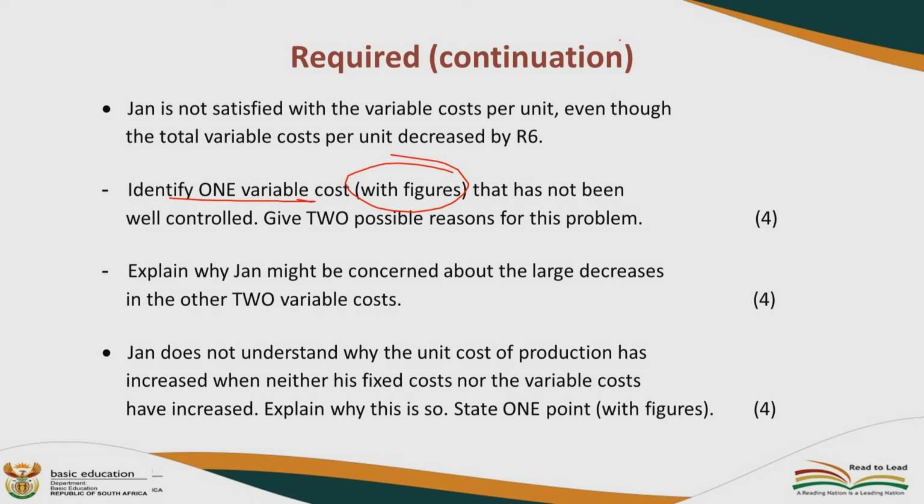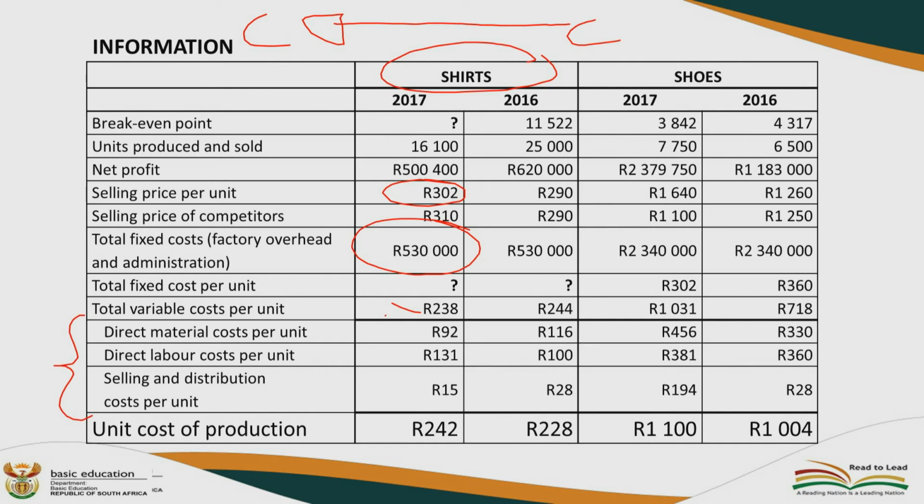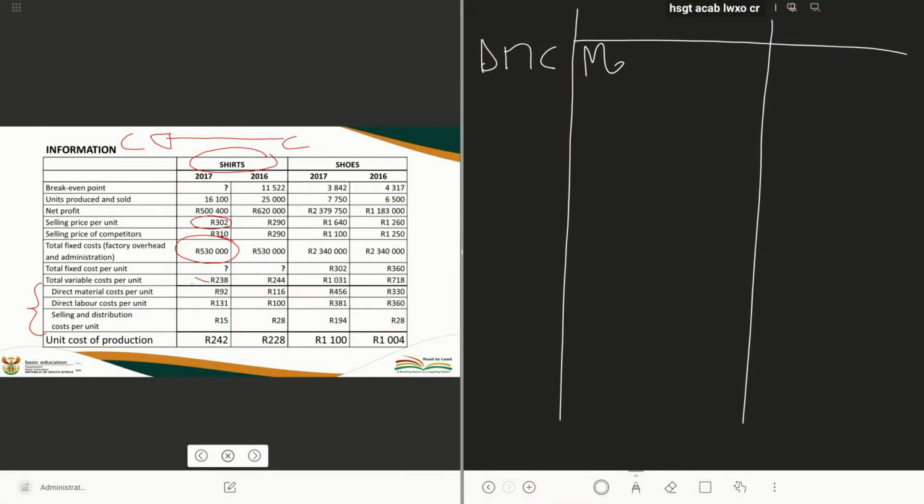What might happen if the direct material decreases? It might happen that we are buying material of low quality.